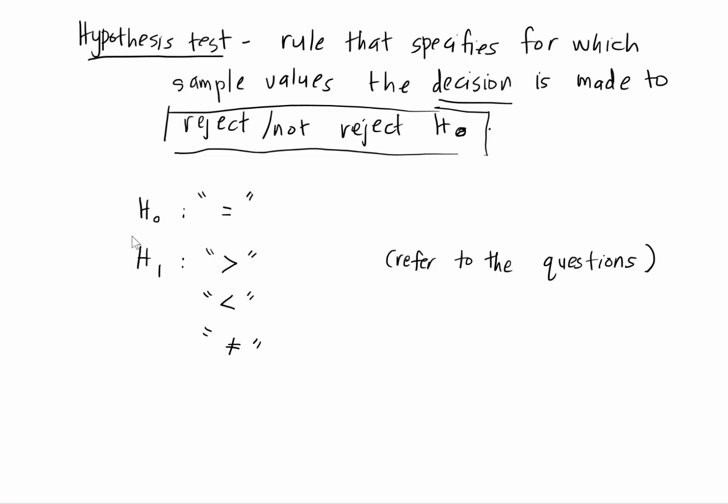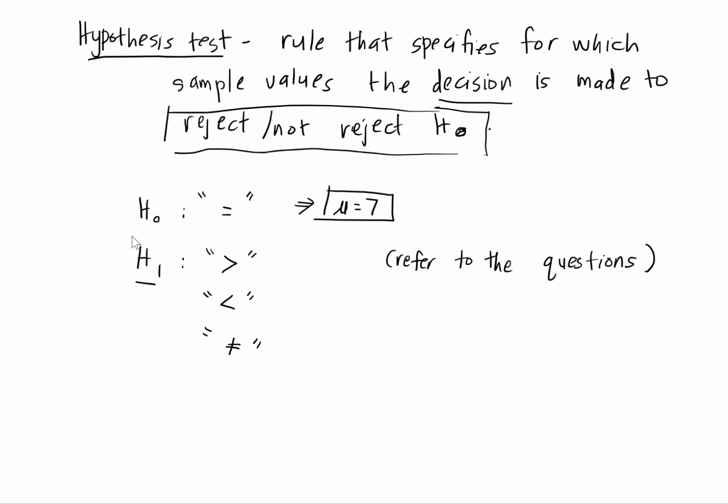So for H naught, it must be the equal sign. Let's say the mean is equal to 7. The equal sign is for the H naught.